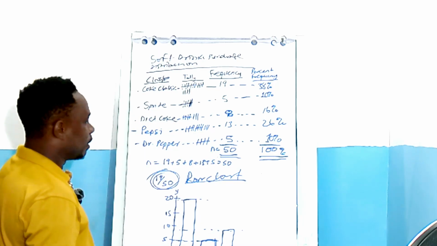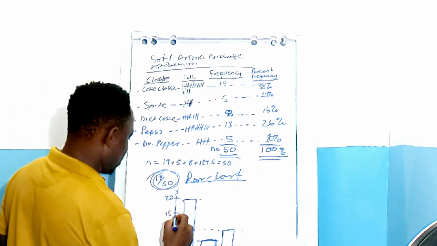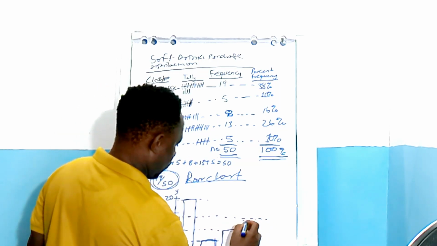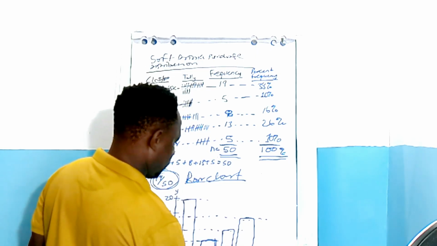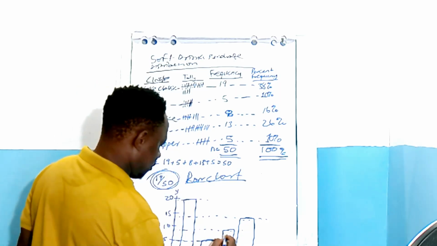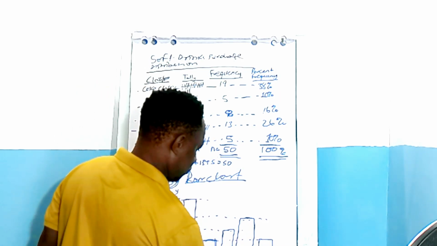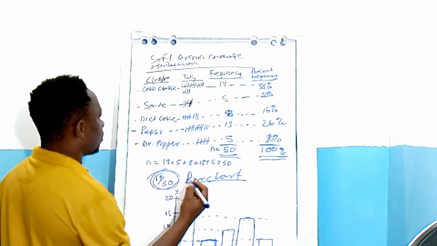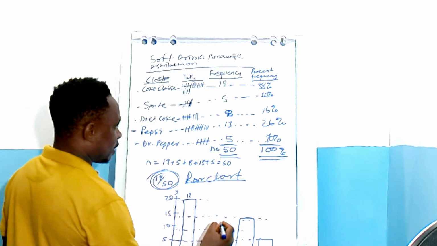And then the next one is Pepsi, which is 13, so somewhere around here. And then we have Dr. Pepper as 5. If you are using a computer, you can add labels so that anyone reading will know exactly what the values are.